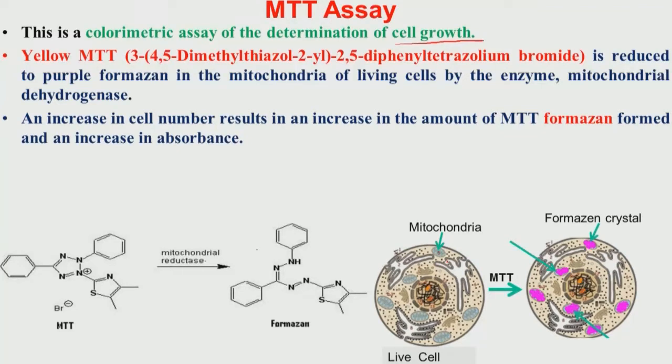And once it interacts with some of these cellular organelles or biological macromolecules within the cell, what will happen? It will change the color of that specific organelle, in case the assay is a colorimetric assay.